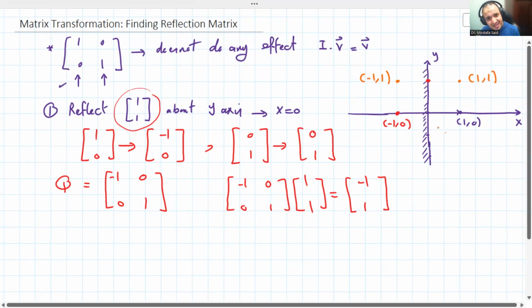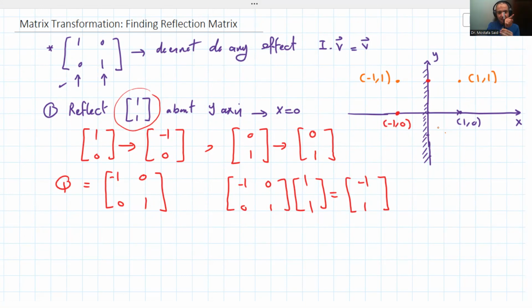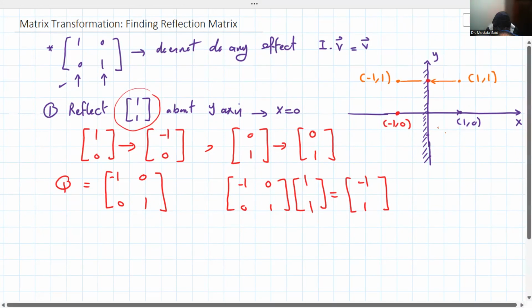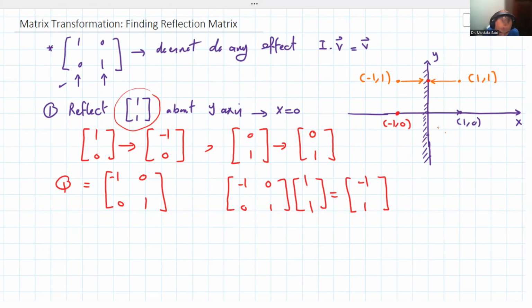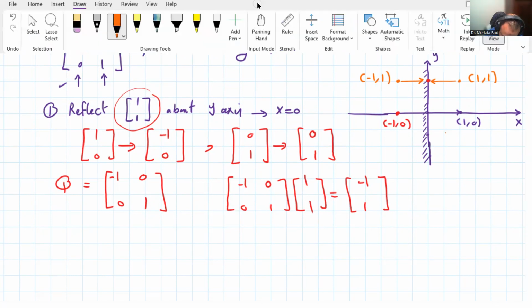That makes sense, right? Whenever you have a mirror, any point will be the same point reflected the same distance, but the coordinate will change from 1 to minus 1. That makes sense.